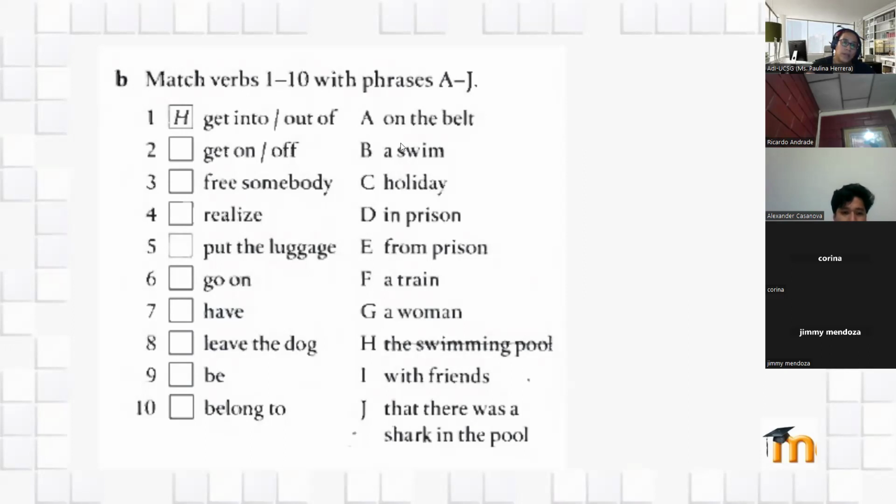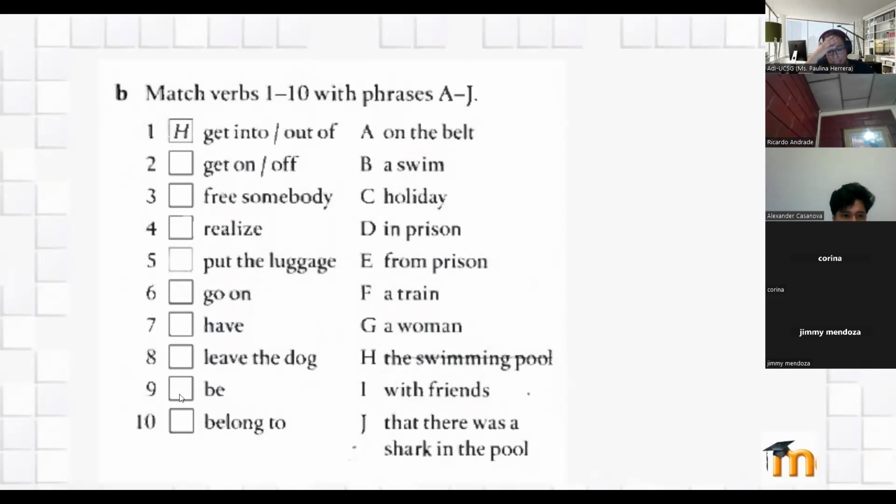So, how can we match these sentences? Okay, look at them, and let me assign it to some people so you know what you will think about. Number 2 is yours, Gonzalo. Number 3, Damaris.